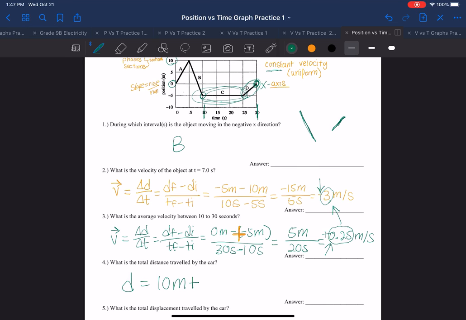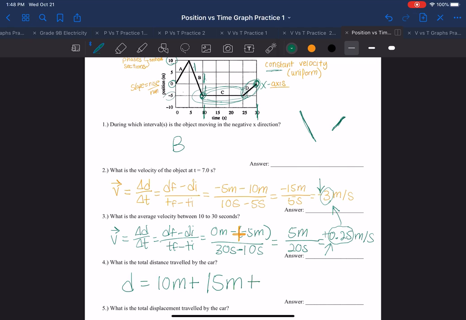Therefore, we can just add all the position differences, okay? So A there. Now B, we were at 10, and then we had another 5 meters, and another 5 meters to end up at negative 5, okay? So 5 plus 5 equals 10, another 5 equals 15 meters for B. And then at C here, we didn't change positions at all.